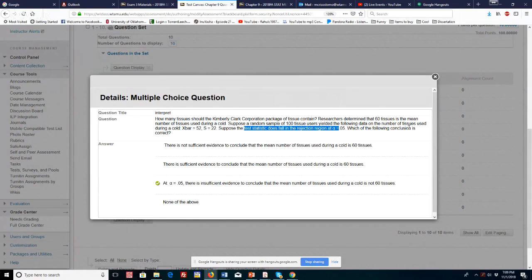Uh-oh. I think we actually have the wrong answer here. Uh-oh, guys. Hopefully this didn't confuse you. If it does fall in the region of rejection, there should be sufficient evidence that it is not. So this should actually say sufficient.